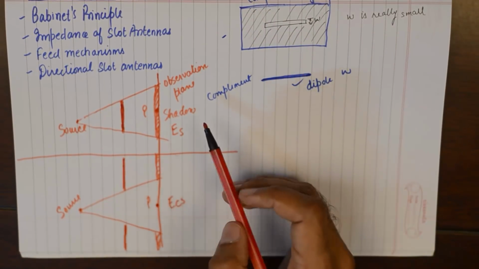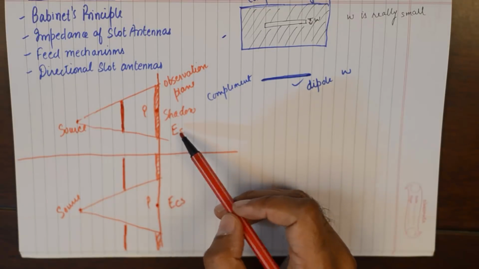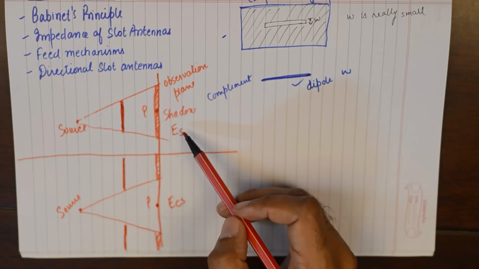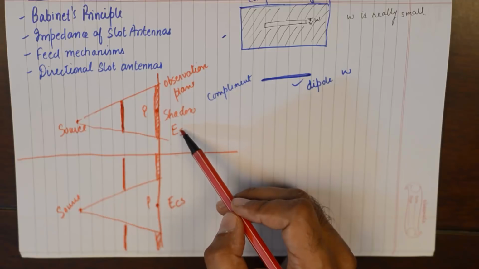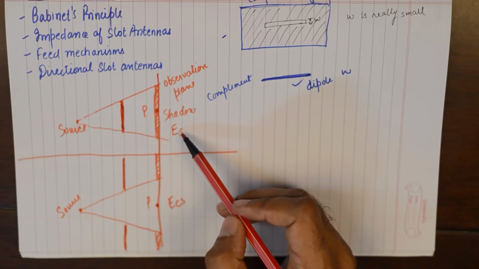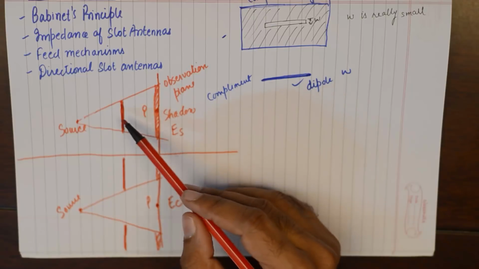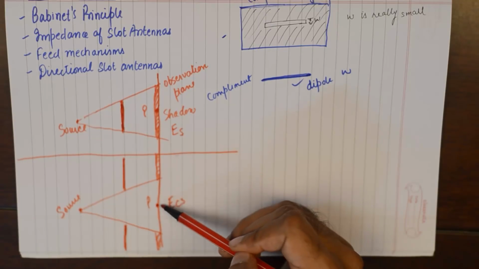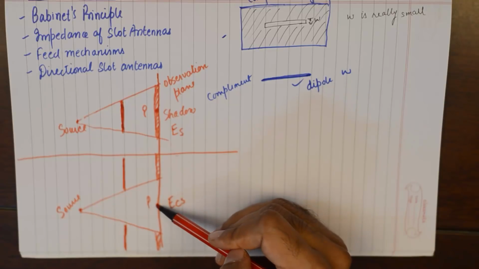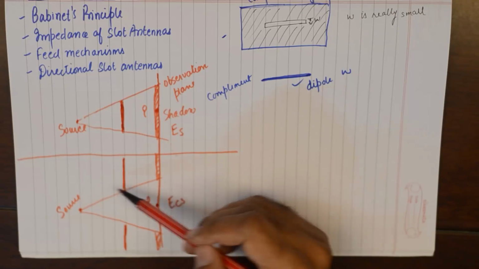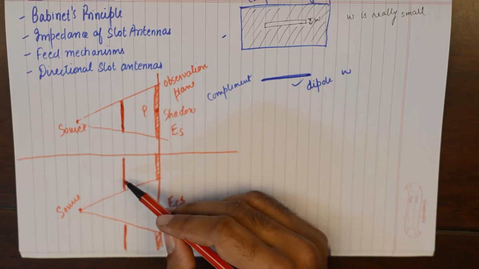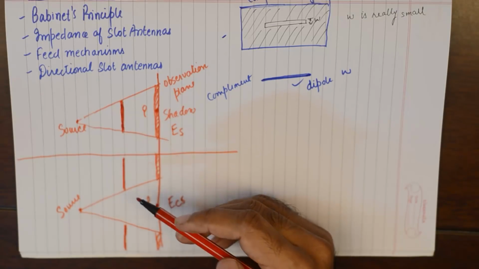And I'm getting E_S. If we give a nomenclature, it is the energy received at this point when the source is present, and this is the energy received by this point with the complementary source present on the same plane.